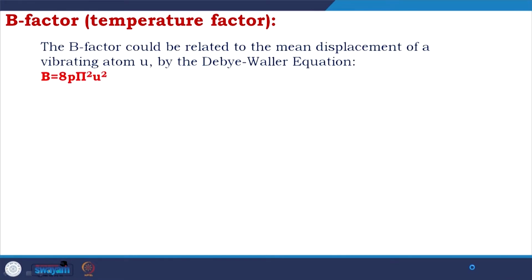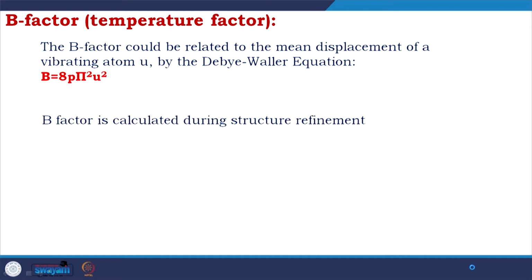The B factor could be related to the mean displacement of a vibrating atom U by the Debye-Waller equation, which is B equal to 8 pi square U square. B factor is calculated during structure refinement and describes the local effect in electron density.